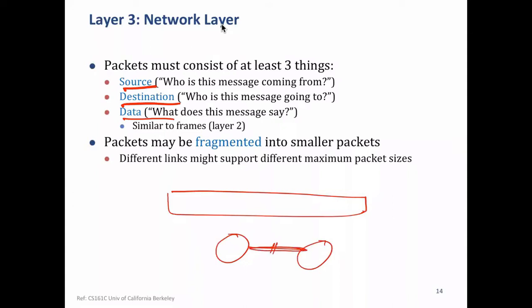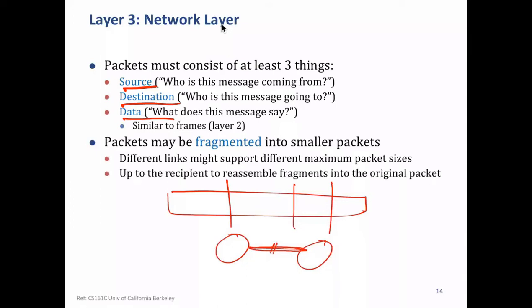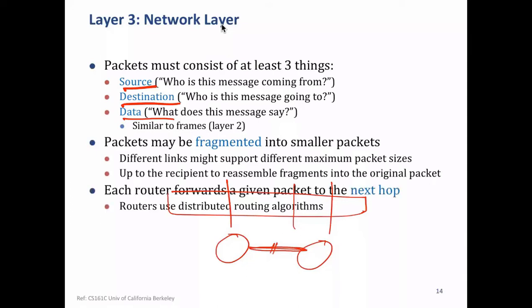Then it can be fragmented. So basically one big packet can split into multiple packets, and these packets can follow different routes. Ultimately at the destination they get combined again. This is called fragmentation.